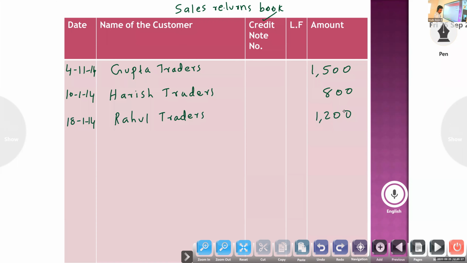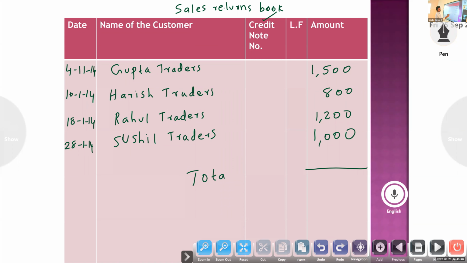Next, Sushil Traders, date 28. Sushil Traders, amount 1,000. Total is equal to 4,500.